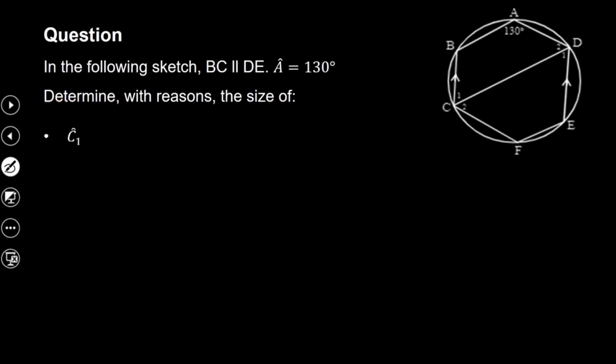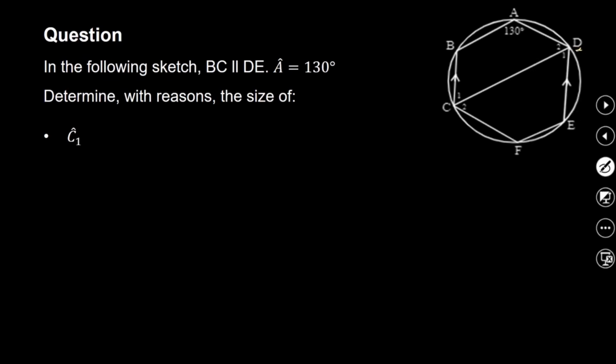I want to come to the side. Let me use maybe a more colorful color here. So we agreed that this angle here is equal to that angle there, right? That's alternate angles. Given that this is 130 degrees, we know that this quadrilateral here, the 4 lines, form a cyclic quadrilateral because the 4 points are on the circumference of the circle, making this 50 degrees.